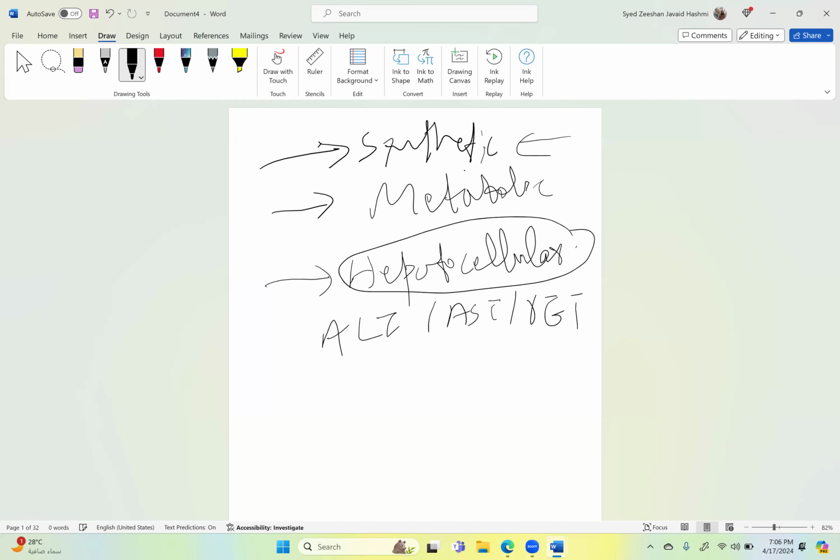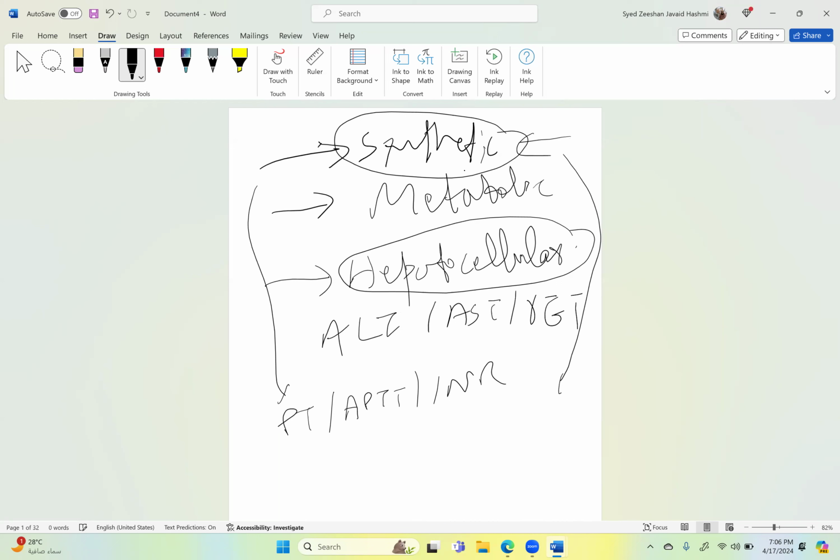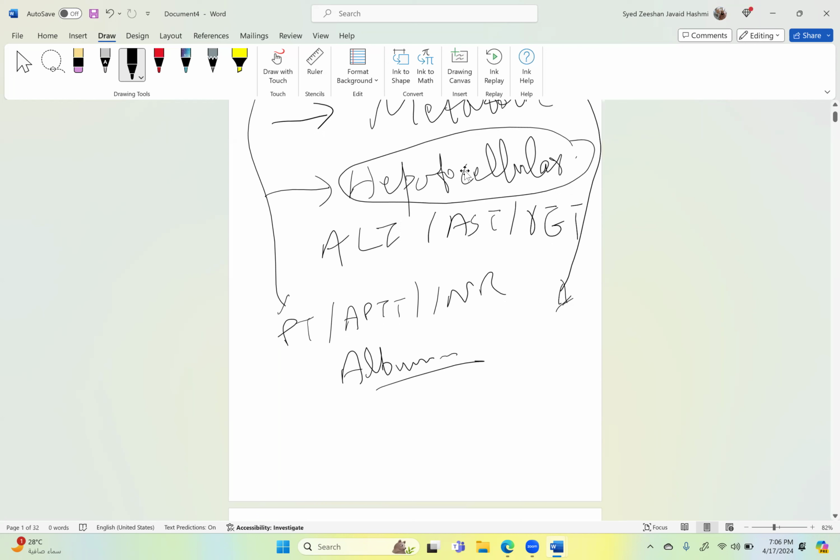So this will be one point. With reference to synthetic function, all the coagulation factors, so the effect will be on the PT, APTT, INR. Okay, and also the albumin level will be reduced. So these are a few practical things whenever we are considering any patient with liver damage. You will be considering this thing.